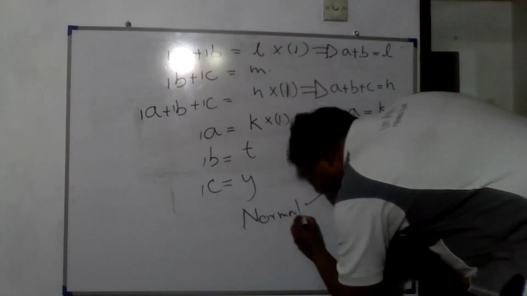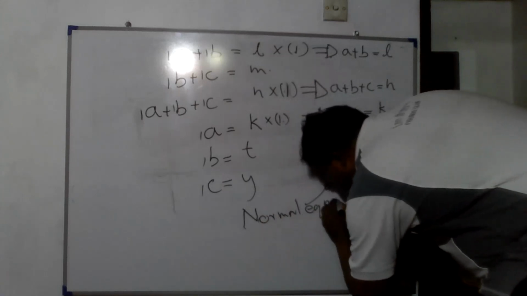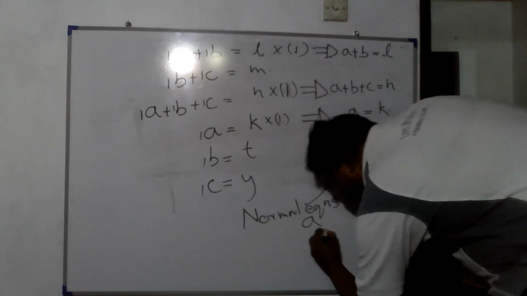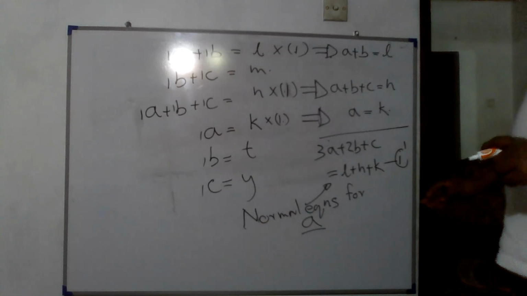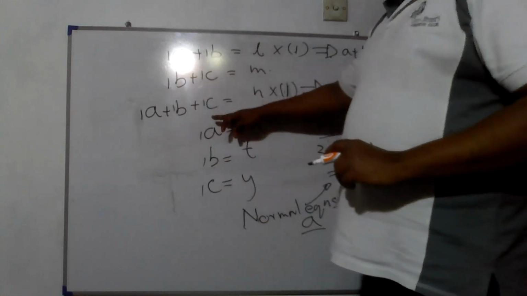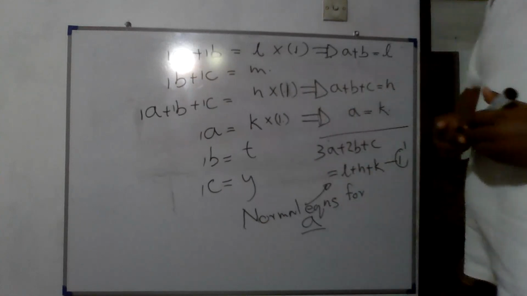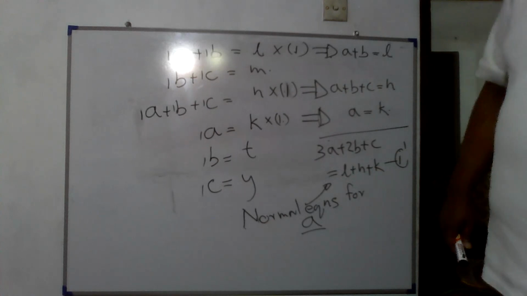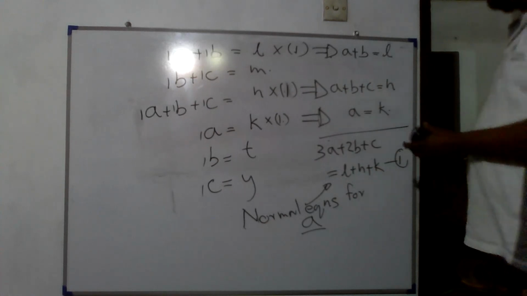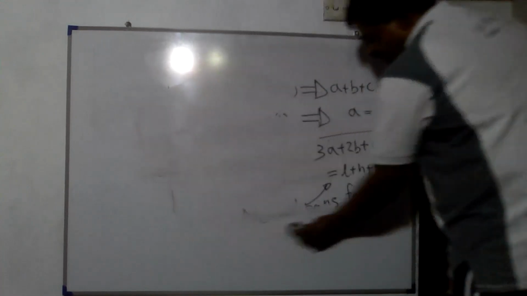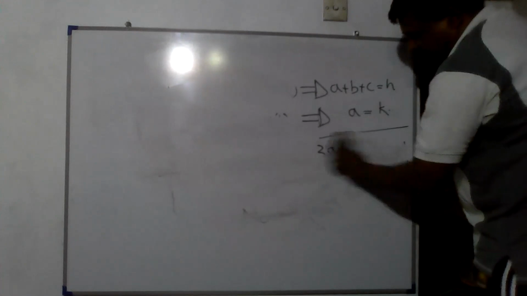Normal equation for variable A. Similarly, you can do the exercise for B and for C. So we will end up with a set of equations which are shown on page 77. We'll do the same exercise once again.